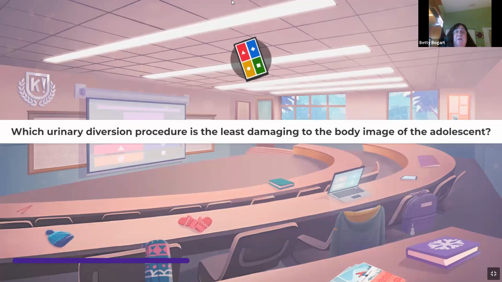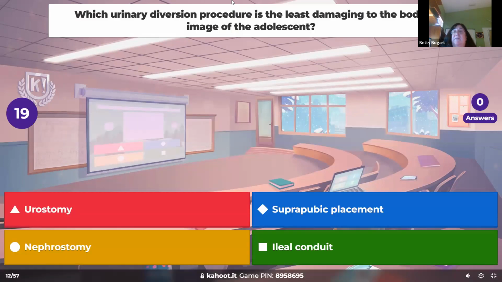Which urinary diversion procedure is the least damaging to the body image of the adolescent? So remember, this is where you have a urostomy. That means you have urine because your kidneys, your bladder's not working the way it should due to whatever. Usually it's structural.